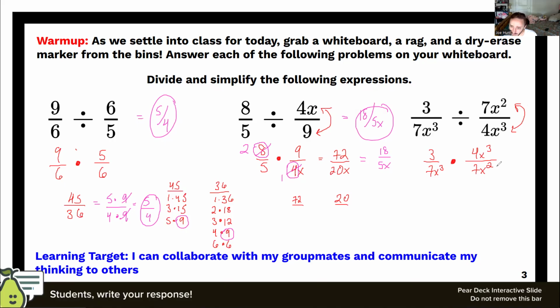Is there any simplification that I can do before I multiply the numerators and the denominators? 3 and 7: 3's not going to go into 7 nicely, and 7's not going to go into 3 nicely, so there's really no simplifying there. 4 and 7 in that second fraction: 4 doesn't go into 7, and 7 doesn't go into 4, so that's done.